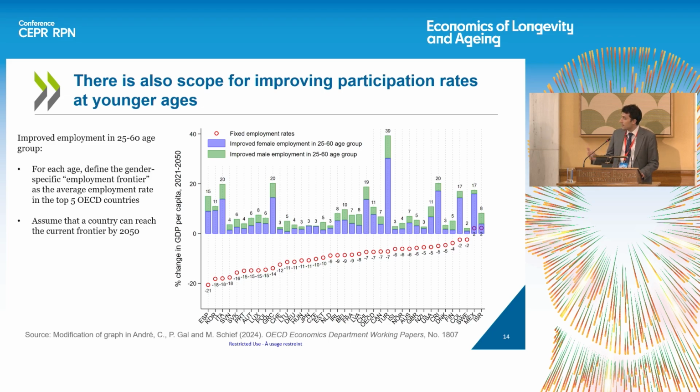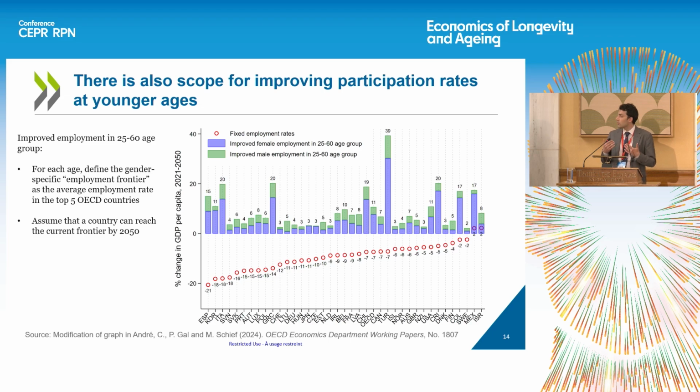So in this exercise here, what we do is we look at current age-specific participation rates in OECD countries, and we define what we call an employment frontier. So the employment frontier is computed by looking at each age and for each gender separately, which are the 5 top performing OECD countries in terms of participation rates, and then piecing them together to define an employment frontier as it exists today in the OECD.